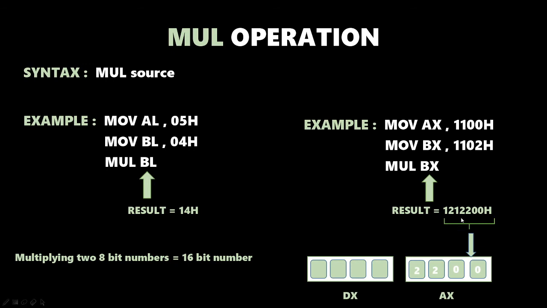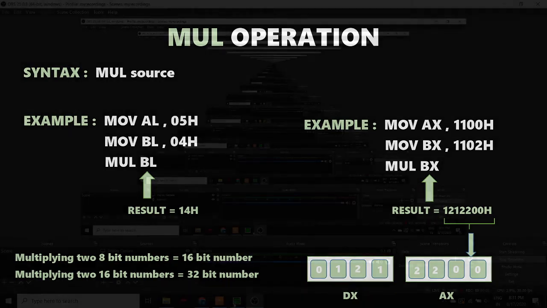That is, this 2200 is stored in our AX register, and the remaining is stored in our DX register. That is, this 1, 2, 1 and a 0. So multiplying two 16-bit numbers produces a 32-bit number, and the 32-bit number is stored in our DX and AX register. Let's jump into our emulator to see how that works.